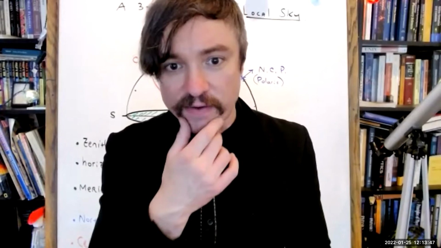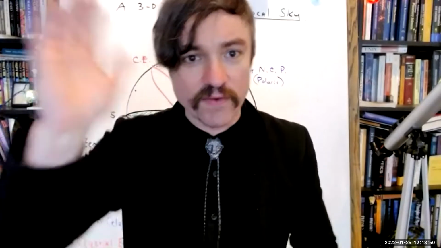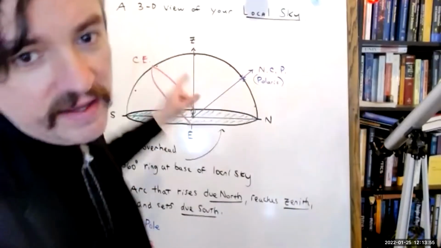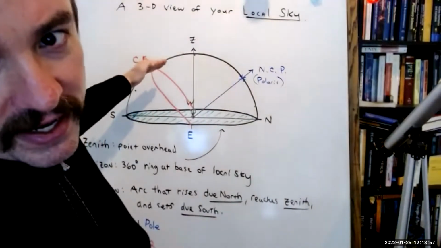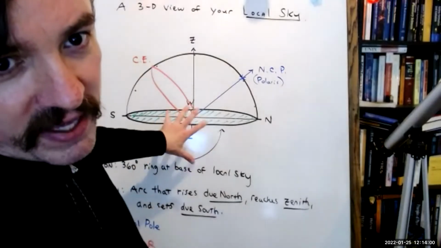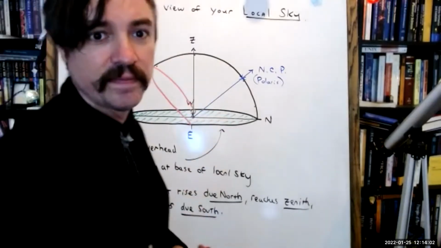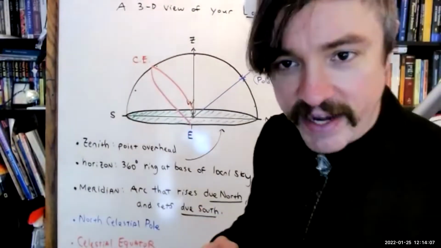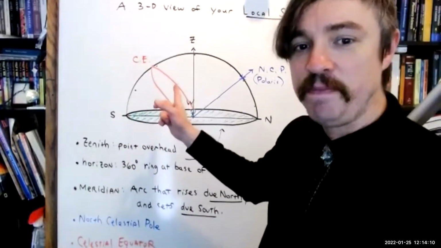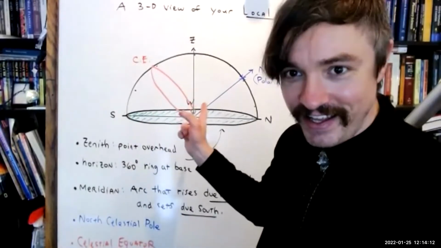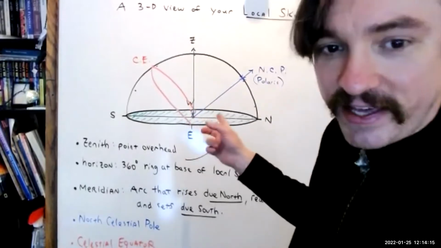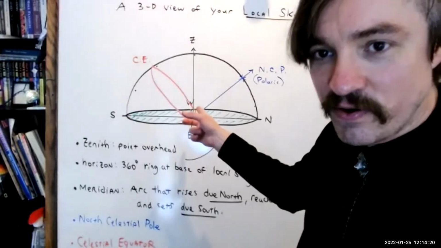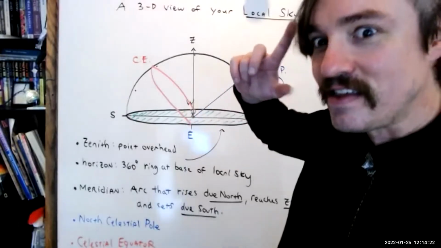So for instance, right now, I've been noticing that Orion is pretty close to our meridian at midnight. And that tells me that if Orion is close to my meridian at midnight, it must be rising around 6 p.m. It must be setting around 6 a.m. If you used Orion as a reference point, what you will discover is night after night, Orion is creeping more westward each night, eventually culminating at a time of year where Orion will be on the western horizon at sunrise.